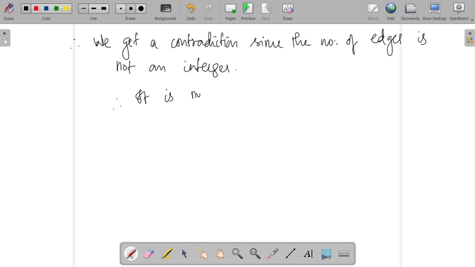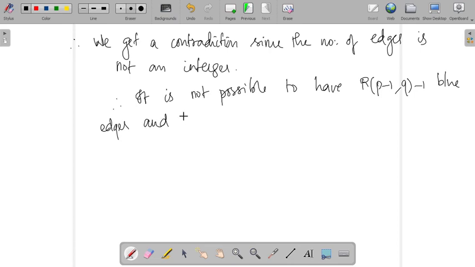So therefore it is not possible to have R of P minus 1 Q minus 1 blue edges and R of P Q minus 1 minus 1 red edges. So therefore when this many edges come, it is not possible to get neither a blue clique nor a red clique.